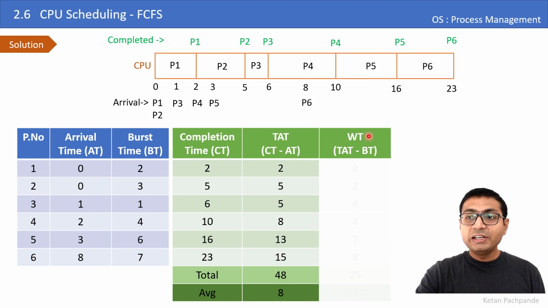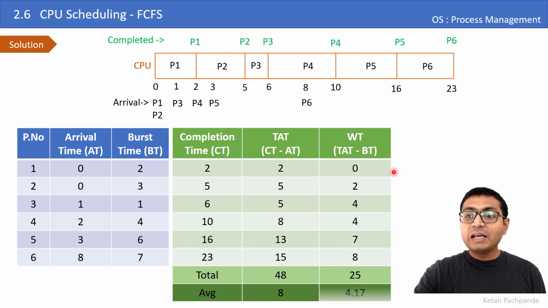Similarly, I can calculate waiting time. The waiting time formula is turnaround time, that is the total time spent by the process in the system, out of which how much it has waited. So we just subtract the burst time from the turnaround time, and the remaining time is nothing but the waiting time.